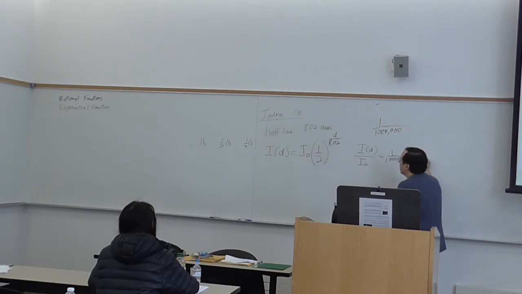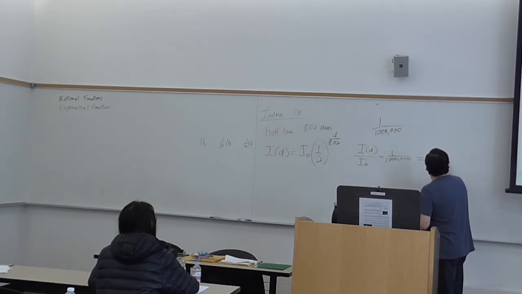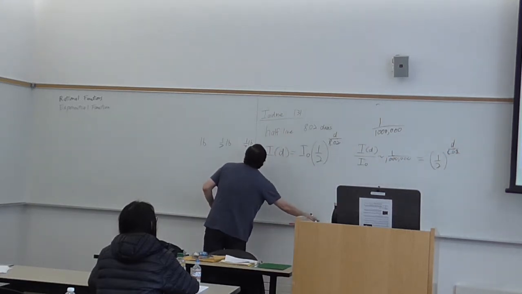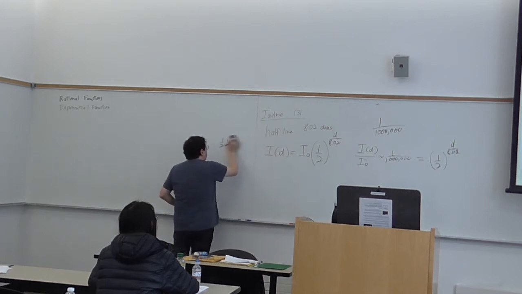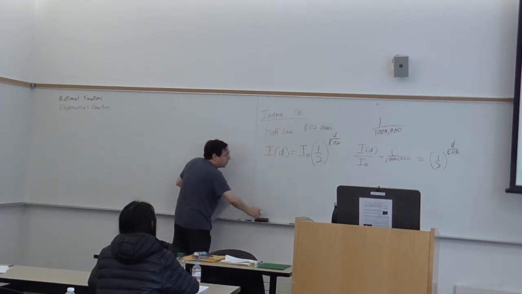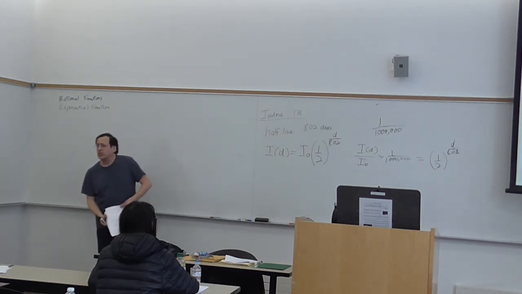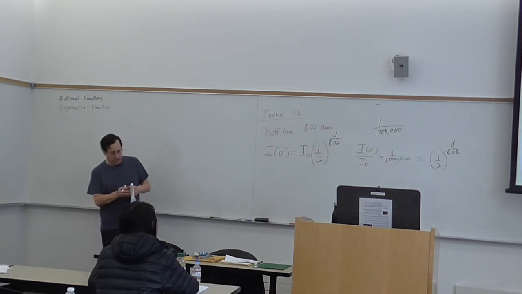Which is to say, I want 1/2 to the D over 8.02 to be about 1/1,000,000th. Now, on Friday, we're going to find out how we can calculate that really easily. But we don't know yet. So we're going to use trial and error.